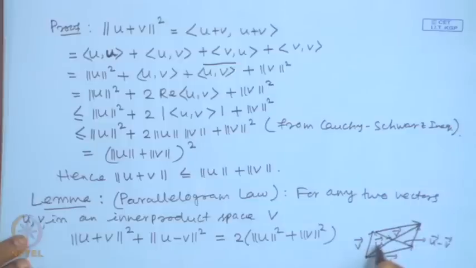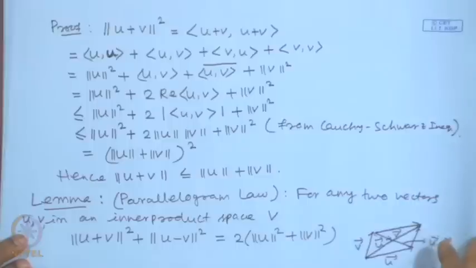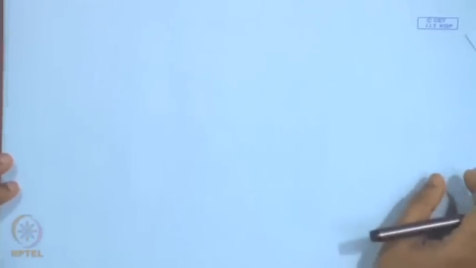That means the sum of squares of the lengths of the two diagonals is equal to the sum of squares of the lengths of all four sides. This is called the parallelogram law.